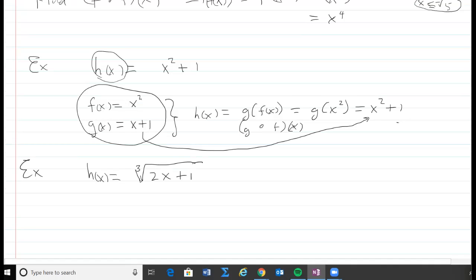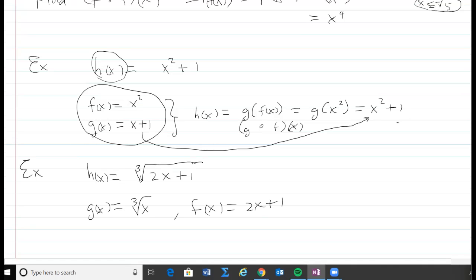Let's keep it simple. Let's make g of x equal to the cube root of x, and f of x equal to 2x plus 1.